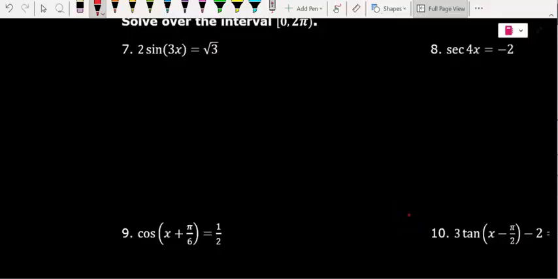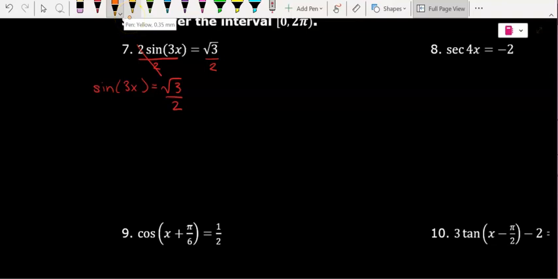Okay. So as I go through this one, my very first step on any of these problems, in order to do our inverse, is we have to go ahead and get the trig function by itself. So I need to divide both sides by 2, and that's going to leave me then with sine 3x equal to the square root of 3 over 2. Now, once I have my trig function by itself, I can go ahead and do my inverse trig function.